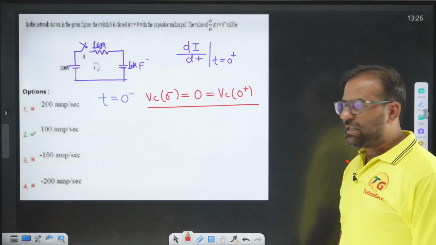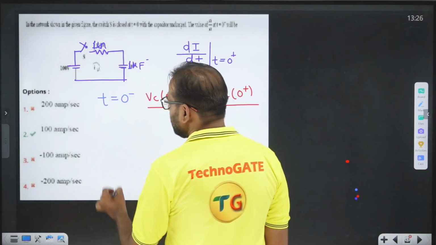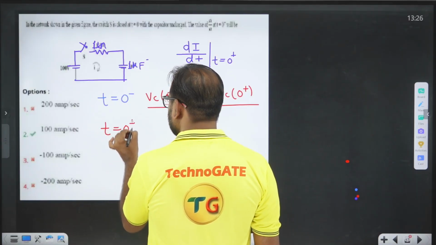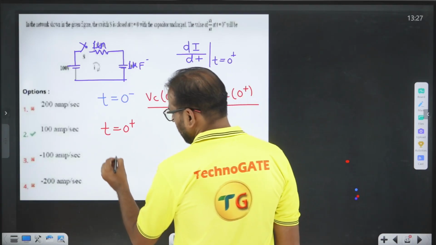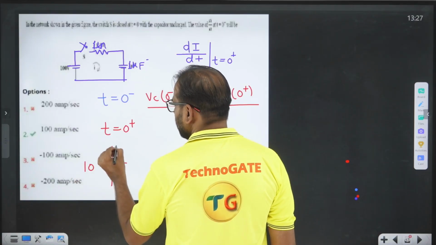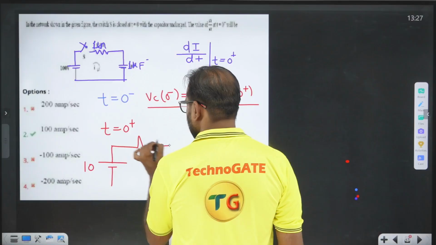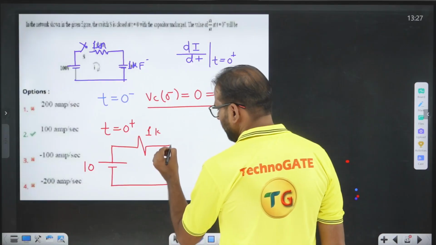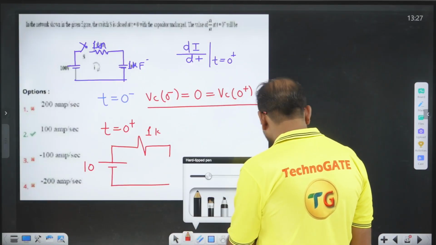Now Vc(0 minus) equal to Vc(0 plus) means if I draw my circuit at t equal to 0 plus, how will the circuit look? The circuit will look like this. This is 10 volt, this is one resistance of 1 kilo ohm, and here we are having the capacitor. But how will the capacitor behave?